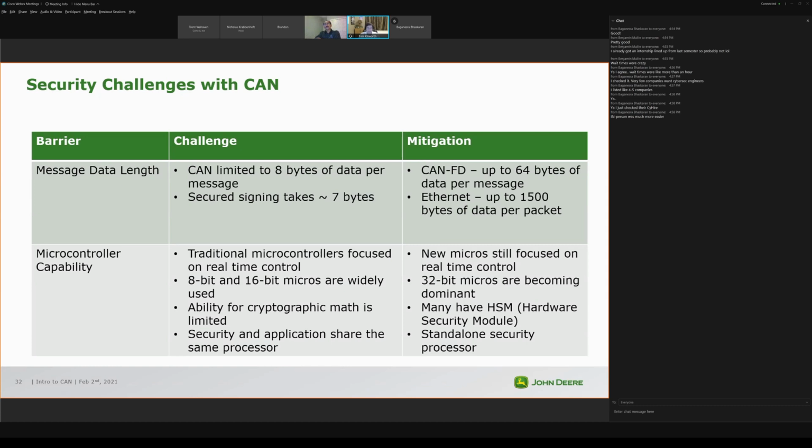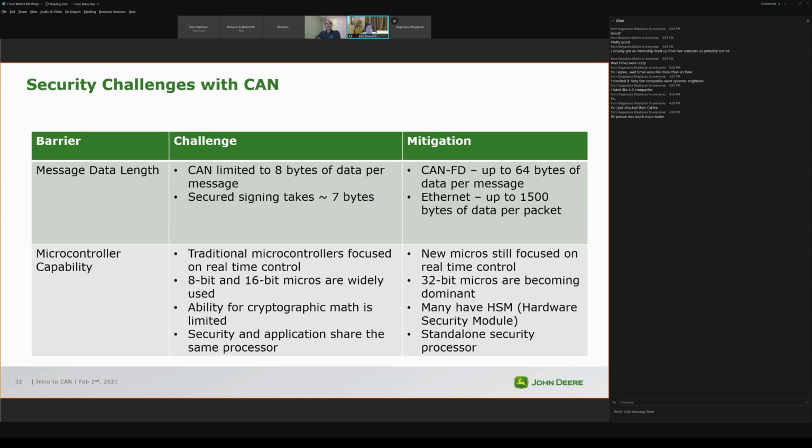The other challenge we run into, especially on the vehicle side, is that the microcontrollers we use are more focused on real-time control. 16-bit and 8-bit are still widely popular, although 32-bit is starting to surpass those. But all of those micros are traditionally a single core, and so you're trying to do cryptographic math and machine control in the same space, and that doesn't really work so well.